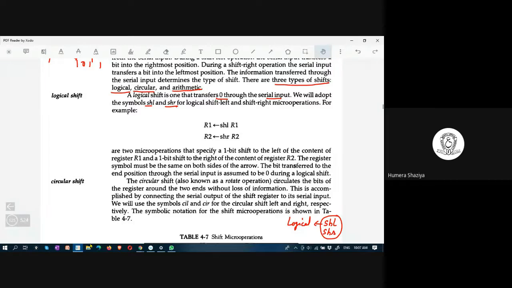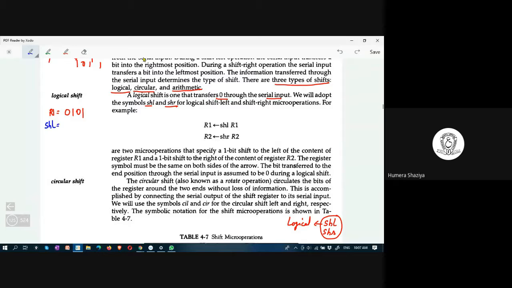Let us look at an example. 0, 1, 0, 1. This is our R1. Now we want to perform SHL. If I have to perform SHL, then what do you do here?